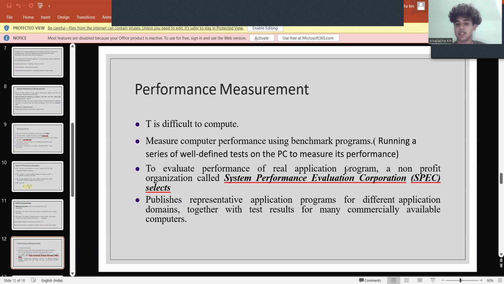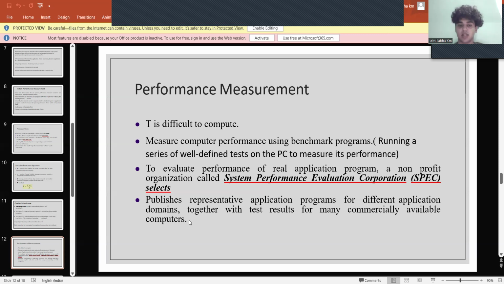By that we can check the performance of the computer.